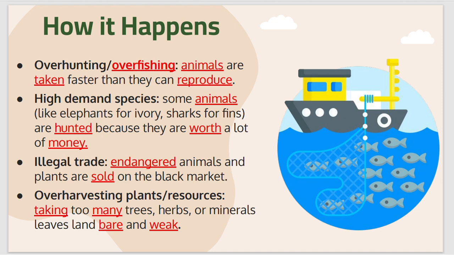Big thing with it is habitat destruction doesn't always occur because we're trying to get a resource. Sometimes it's occurring because we just need to use that land for a different purpose. Overexploitation is this idea of taking and wanting this resource and wanting more of it than nature can provide.